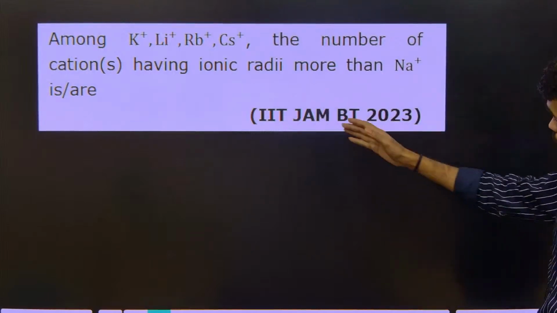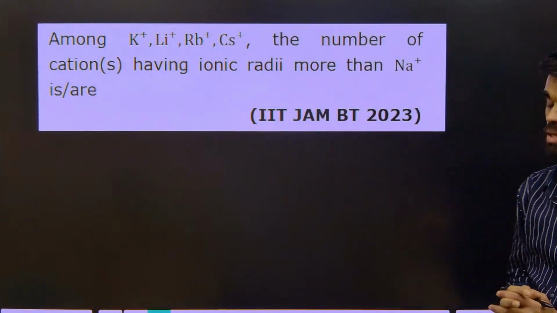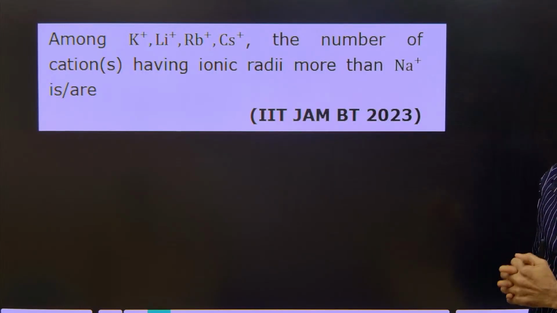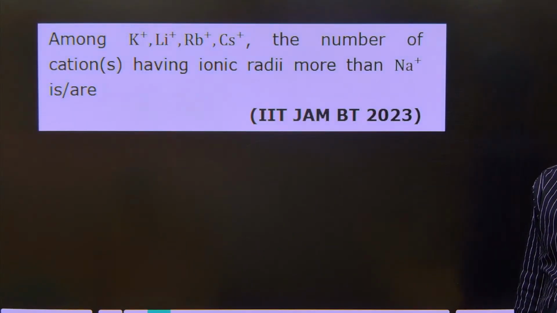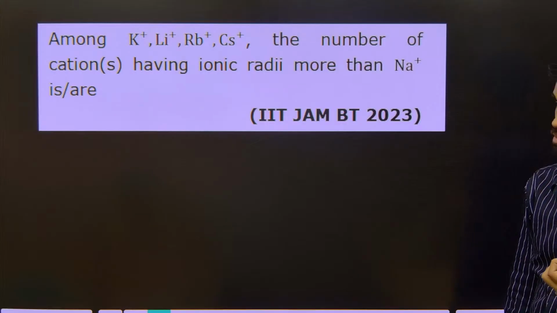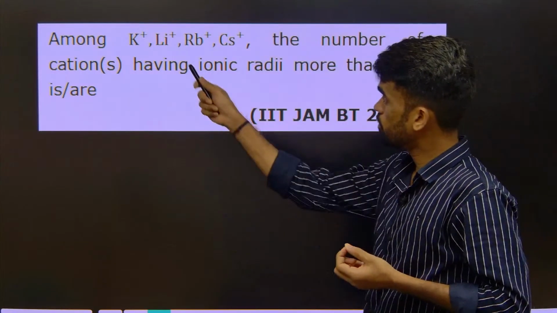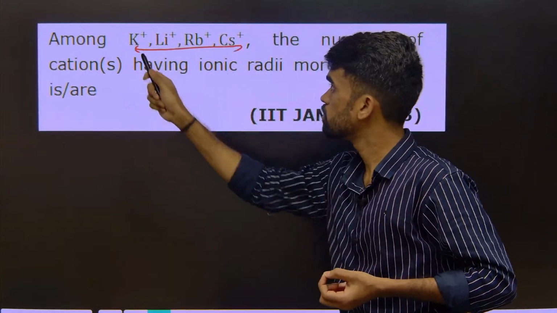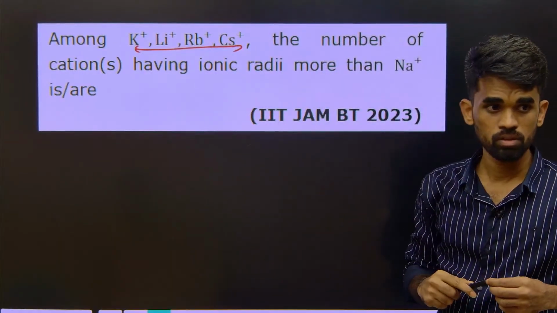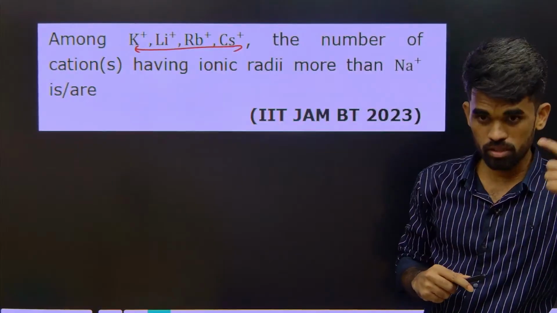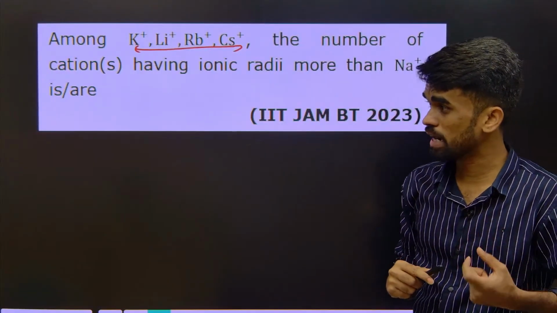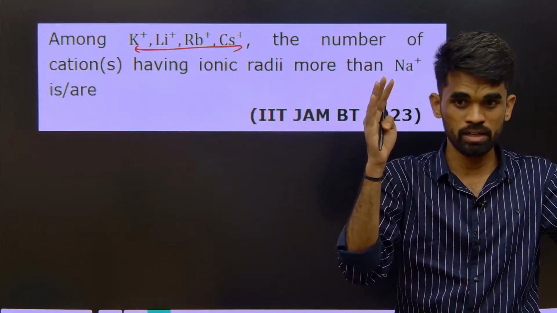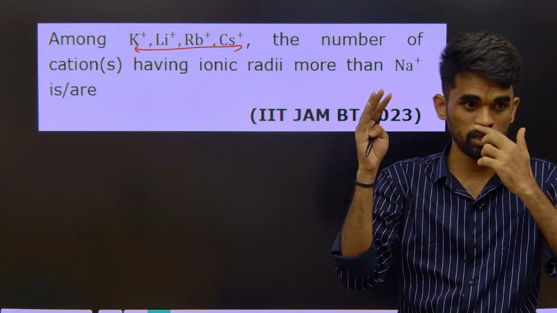Tell me your IIT JAM BT question. From where these elements are from? Belongs to which group? Try to get some overview of this periodic table in your mind all the time when you are solving chemistry questions.